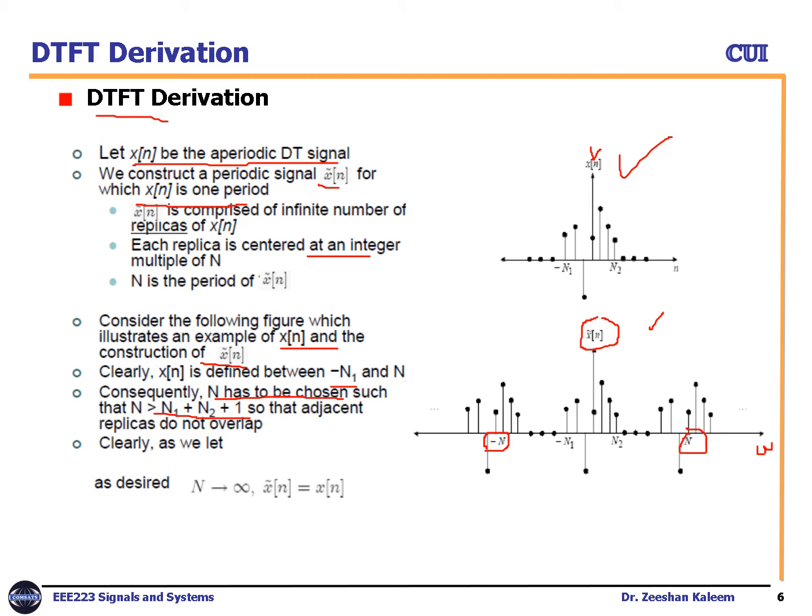For example, if this portion is repeated here and here, there should be no overlap. Clearly, if we let N approach infinity, then x tilde of n becomes x of n. It seems like a continuous type of signal.